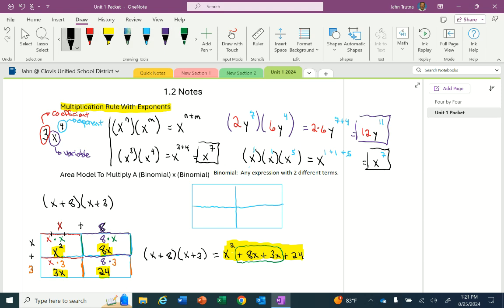So really, this tells us that when I take the binomial x plus 8 and multiply it with the binomial x plus 3, that is equal to, in simplest form, x to the second power plus 11x, positive 8x plus 3x becomes 11x, plus 24. Okay, so that's what we're looking at in this particular lesson: how do you multiply 2 binomials together?